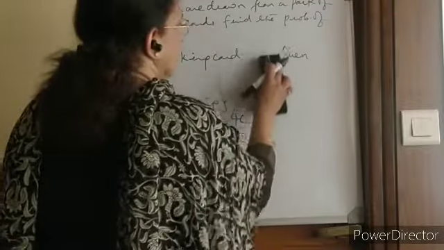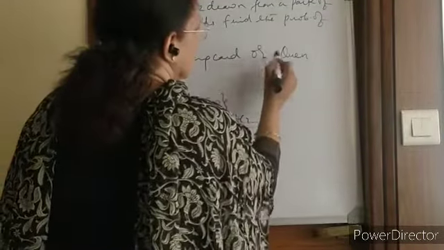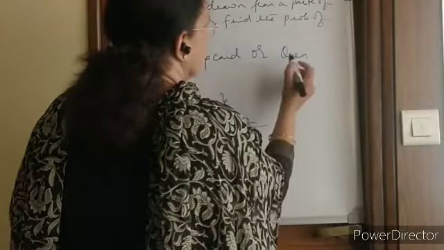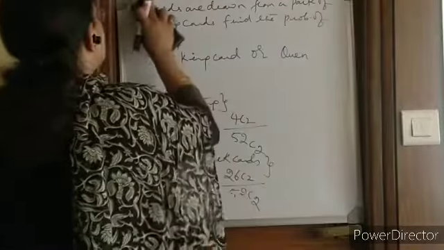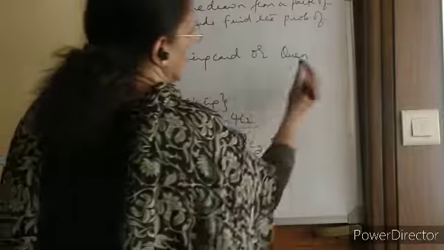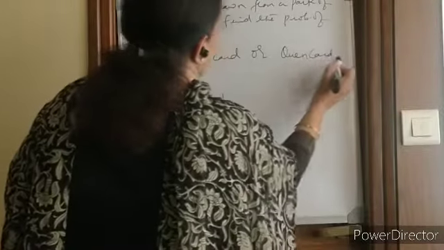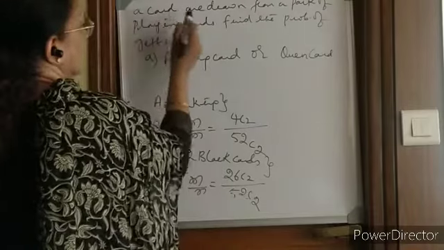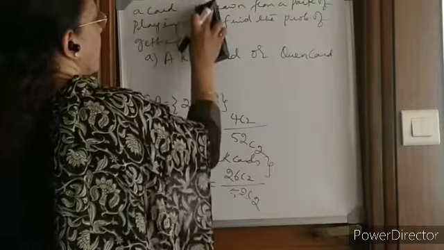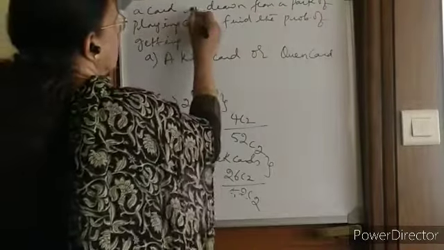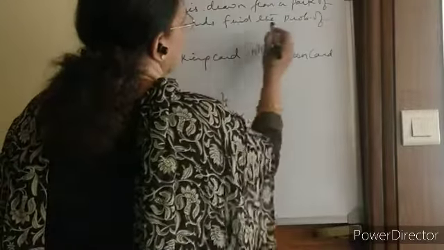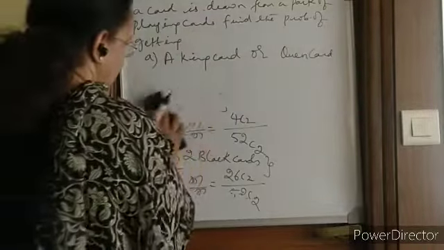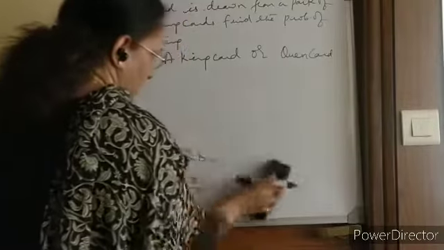Okay, I'll just make this small change: a king card or a queen card. Now see, here instead of 2, I'll make it a card is drawn. A card is drawn from a pack of playing cards. Find the probability of getting a king card or a queen card.